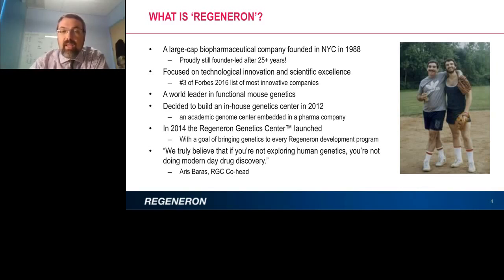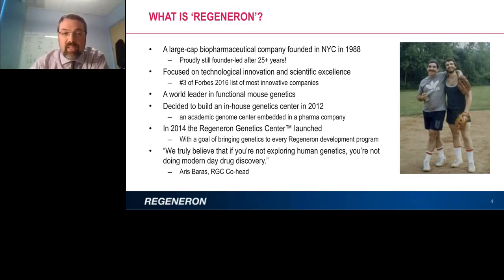This is quite different than how many pharma companies operate, and really fundamentally important for the things that we're doing at the RGC, because Regeneron as a company has built a functional mouse genetics effort that is world leading, and pairing together with that the idea of building essentially an academic genome center embedded in a pharma company is what is enabling the discovery genetics and the development of new and better therapeutics, with the leadership of people like Aris Baras, the head of the RGC.